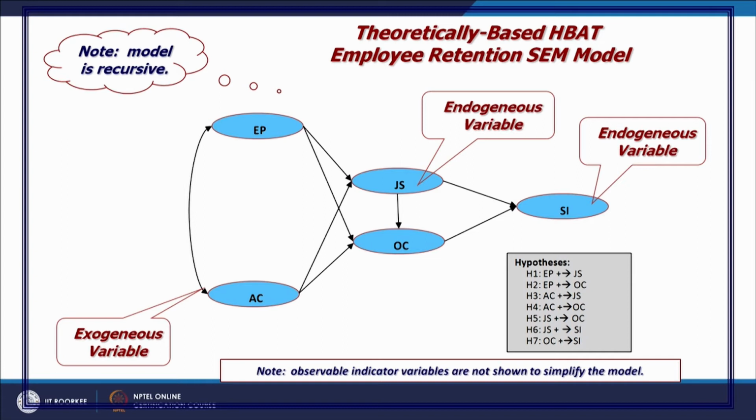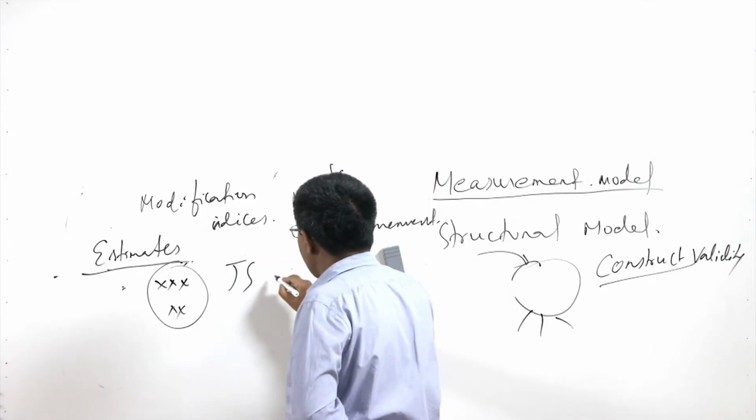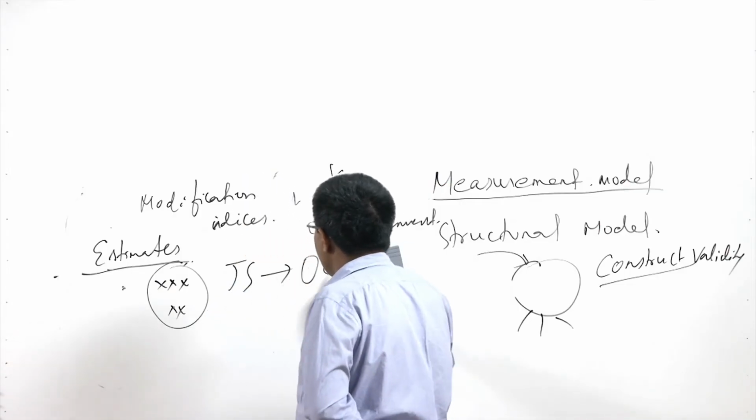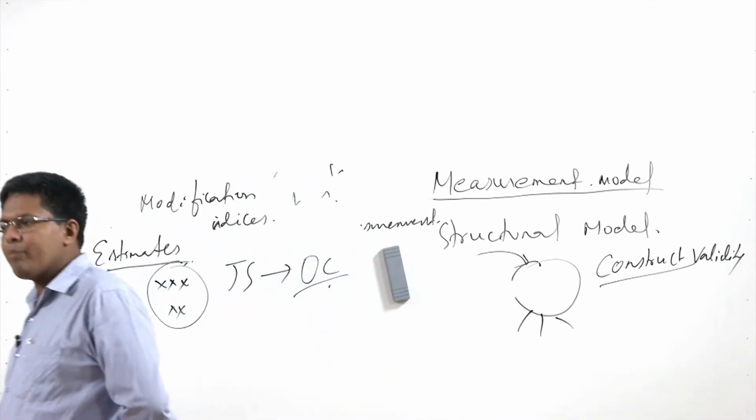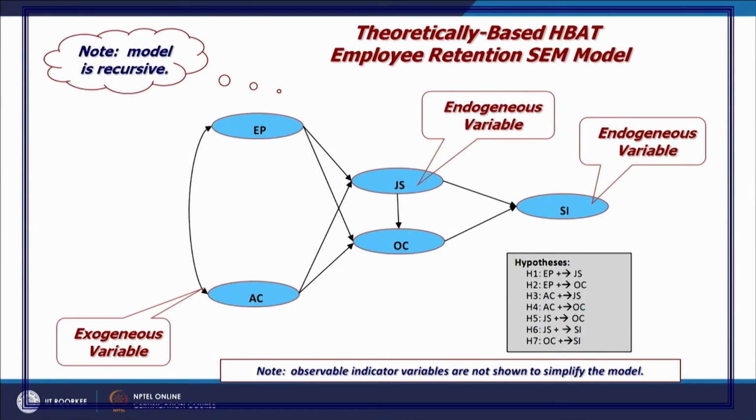Similarly, suppose you found only one of them, let us say JS and OC, job satisfaction leading to organizational climate, is not coming significant. That means what? In this model, we have theoretically assumed that job satisfaction also leads to organizational climate and thus it affects staying intention, right.